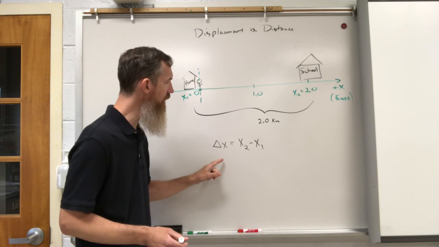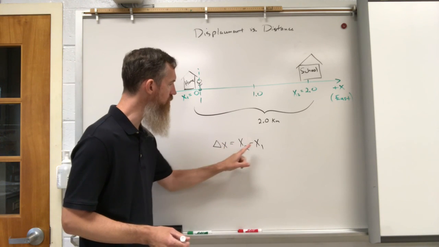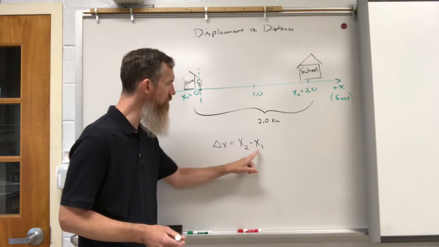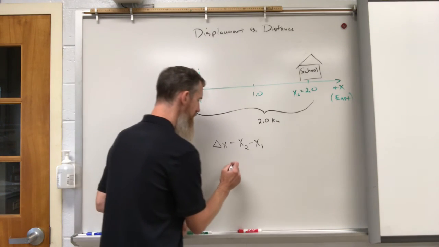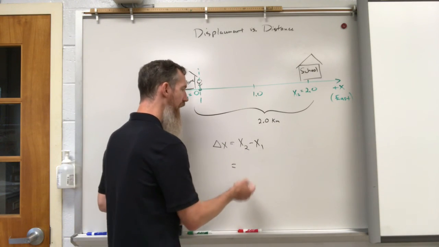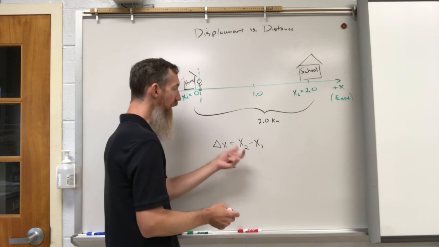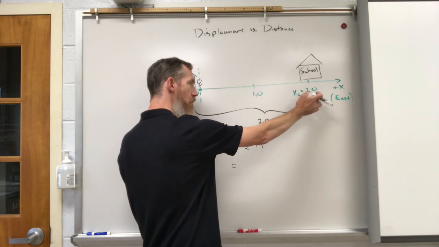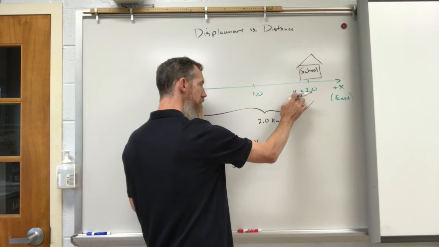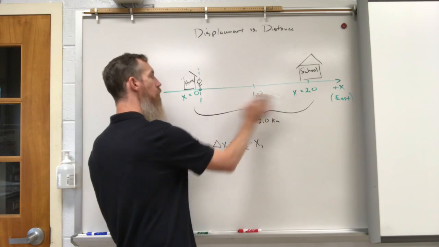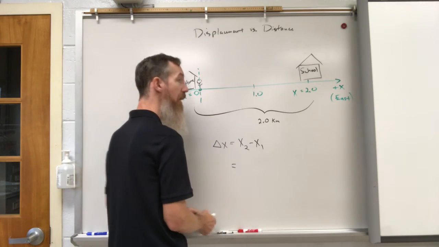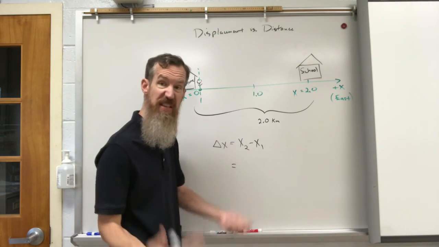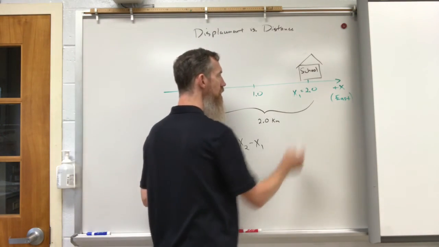Now instead of going from my home to school, I'm going from the school back to home. And what this does, I end up with final minus initial. Well, if I started at school and walked back home, my initial position, where I physically start from, was here.